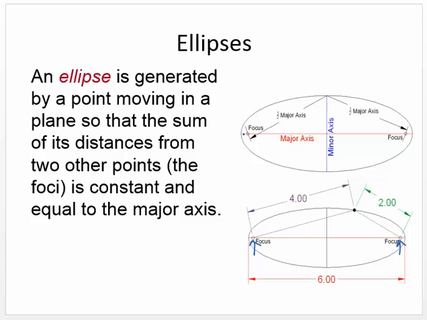The major axis is the axis that runs the widest distance. If we change our ellipse and make it like this, then this one here would be the major axis because it runs the distance that is longest.